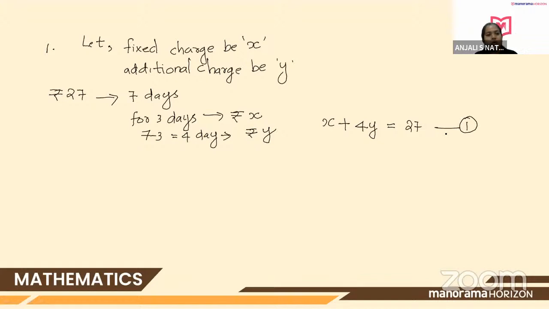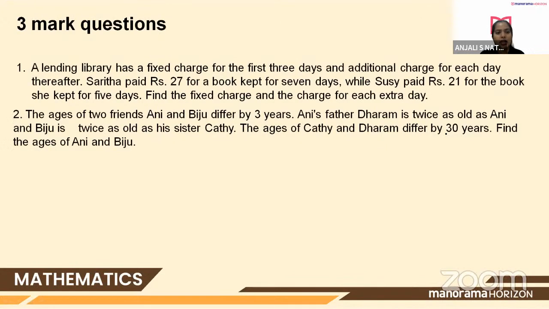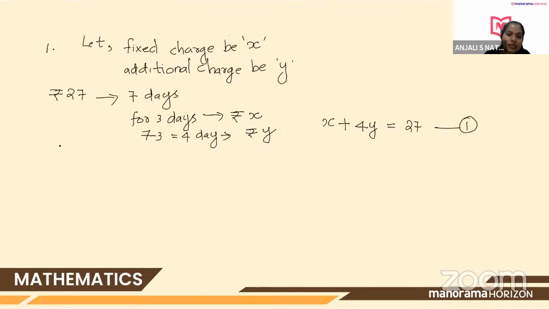So next condition. Look at the question. Susie paid 21 rupees for a book she kept for 5 days. We know that for 3 days, that is rupees x.